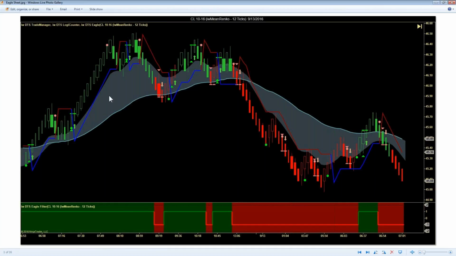So here we have a rule of 3 on the eagle. We've got a bit of an uptrend. The market comes down, breaks the hard edge, and produces a sell signal. Right now, I'm starting to get a little bit interested. Why? Because we're in an uptrend, and I'm not supposed to be printing sell signals in an uptrend.